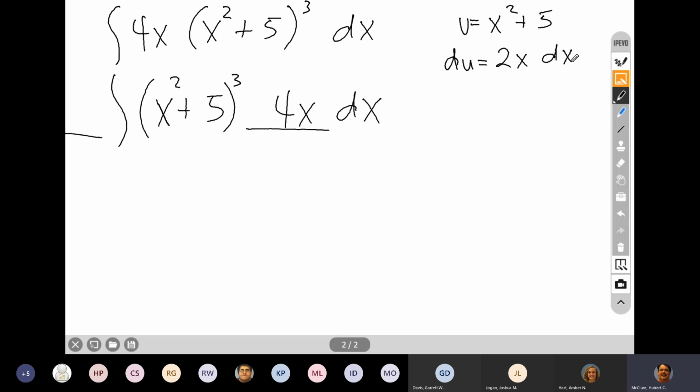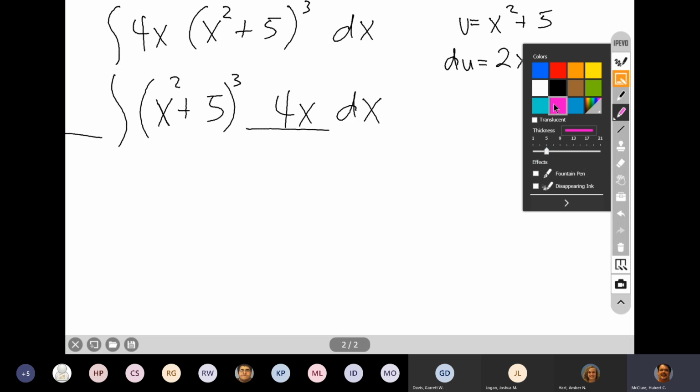So how do I make that 4x dx turn into a 2x dx? Multiply by 1/2. If I multiply by 1/2 in the integration, what do I need to multiply on the outside? 2. What's 2 times 1/2? 1. So now I've got 2 u to the 3rd du.